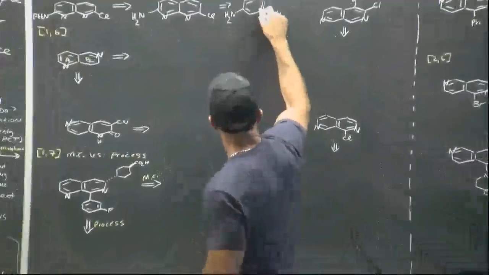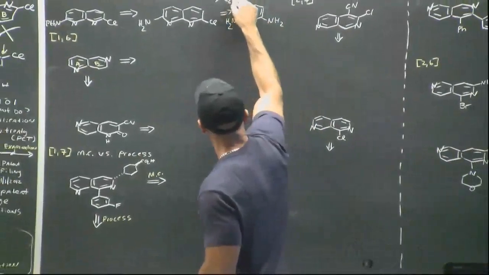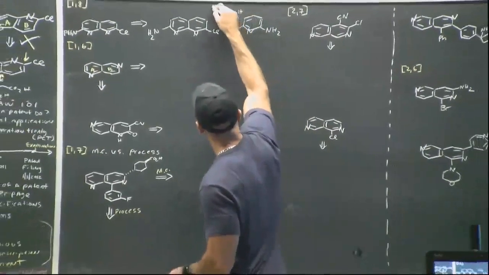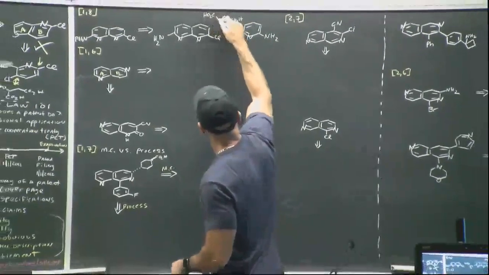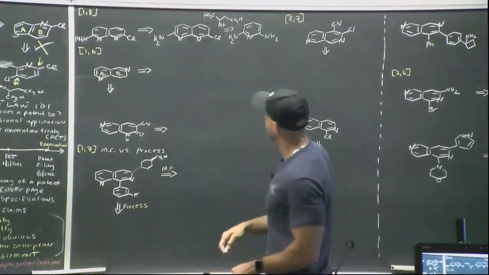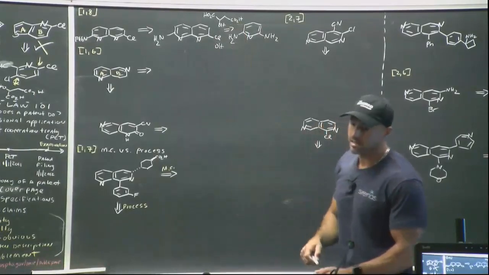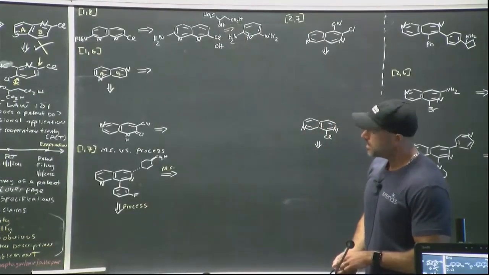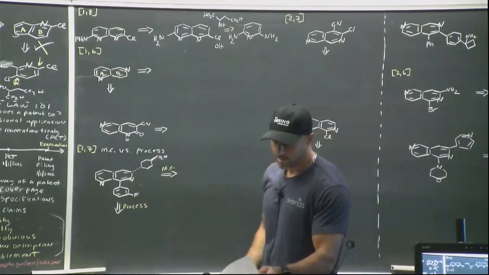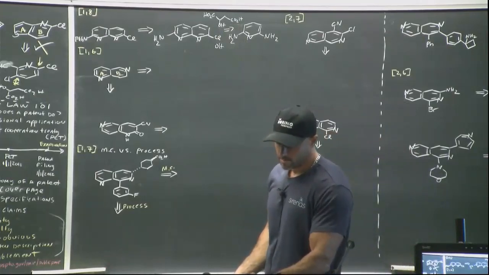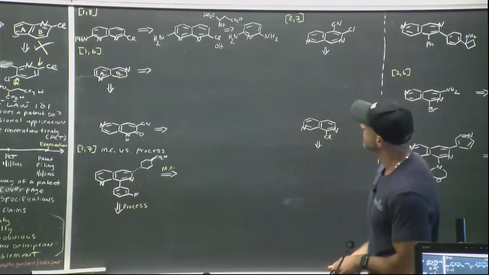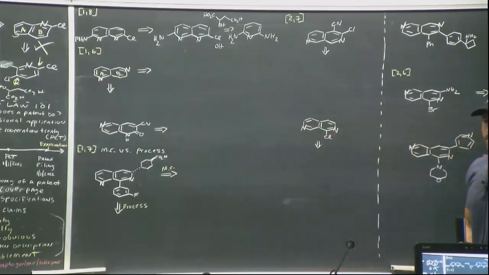Turns out, when you take diaminopyridine and you react it with malic acid, H2SO4 goes once and only once to give us OH here. High yield. POCl3 that. And then you're done. Perfect.